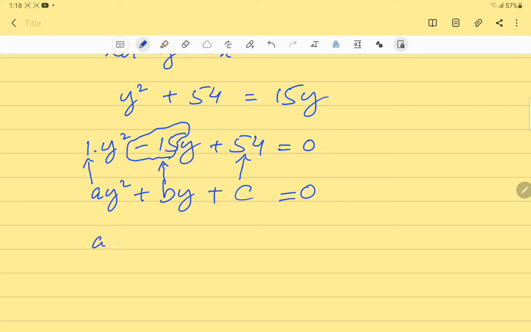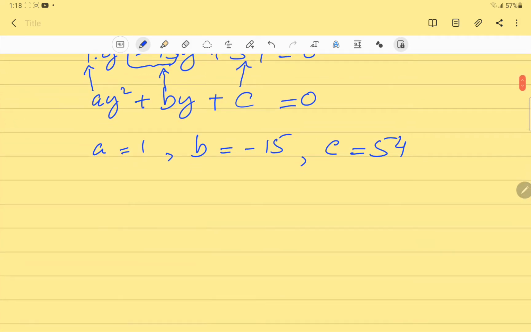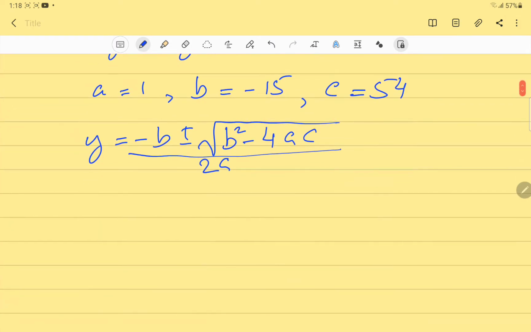So we will write it here: a is equal to 1, b is equal to minus 15 and c is equal to 54. The quadratic formula looks like y is equal to minus b plus minus square root of b squared minus 4ac over 2a.